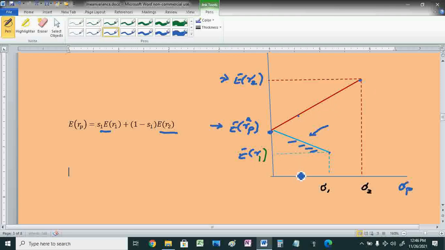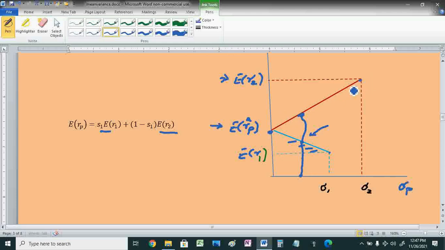frontier. If for example the person is willing to assume this risk, it is not rational to be on this leg, and rather the person would want to be on this leg, and this means that the person would want to have S1 between sigma 2 divided by sigma 1 plus sigma 2 and S1 equal to 0.